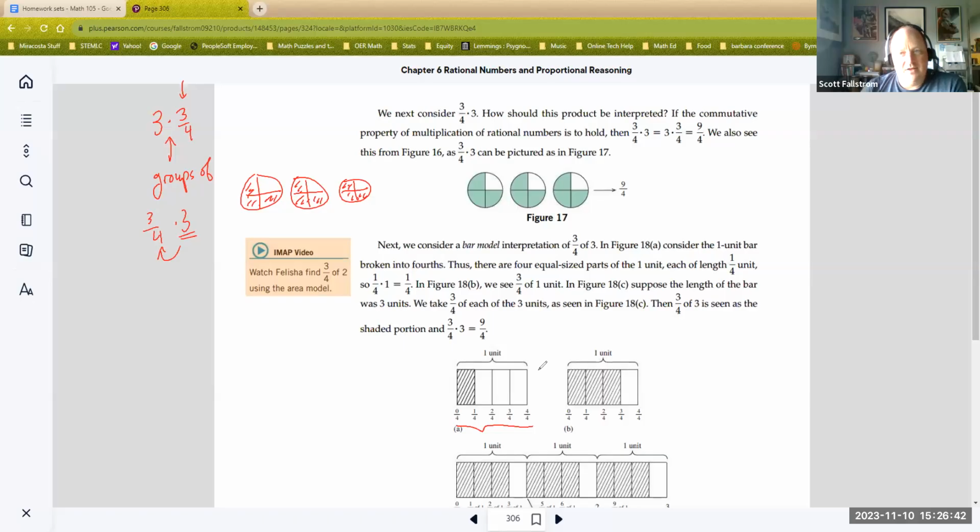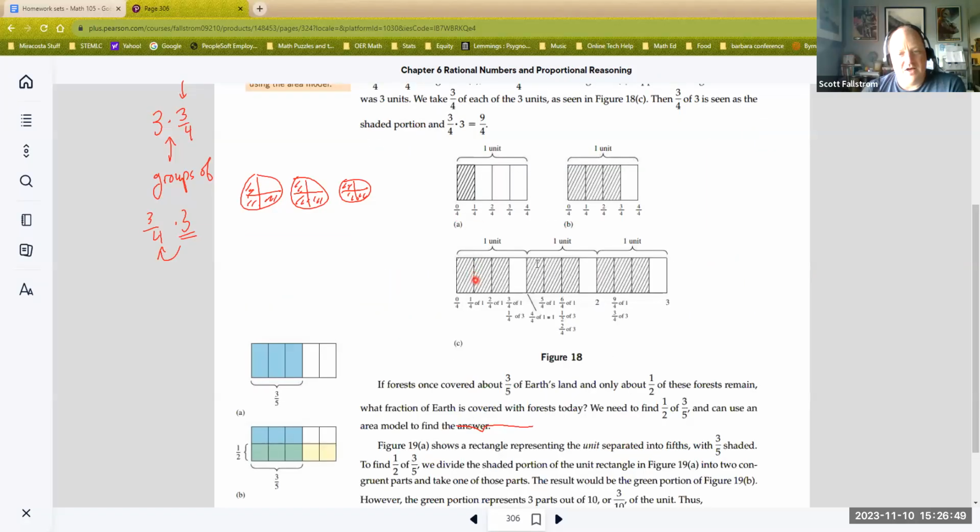At the end of the day, you do get something that makes sense: if you had 3/4 of 3 units, these are the 3 units across the top, take 3/4 of each. The end result is 3/4, 3/4, 3/4, which is 9/4. So my final result will be 9/4.